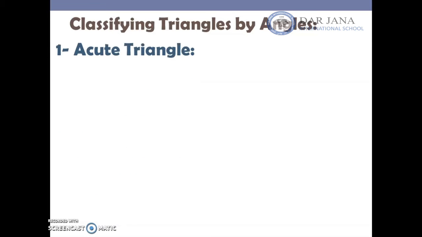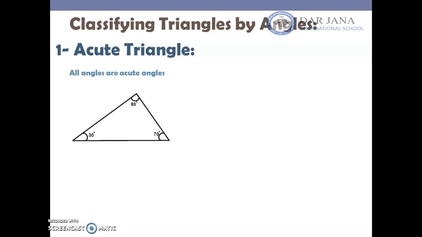An acute triangle is a triangle with all acute angles inside it. So all angles are acute angles. Remember, acute angles are those whose measure is more than 0 degrees and less than 90 degrees. Just like in this case here, you have 30 degrees, it's acute. 80 degrees, it's acute. 70 degrees, it's acute.